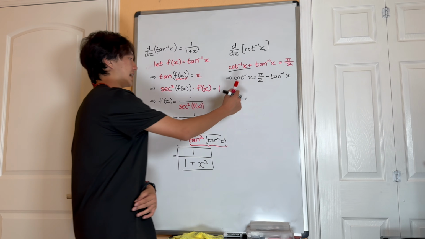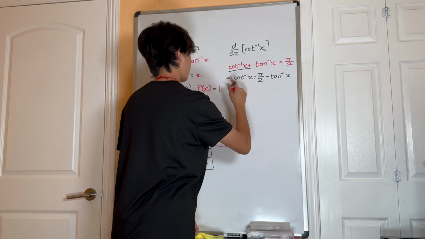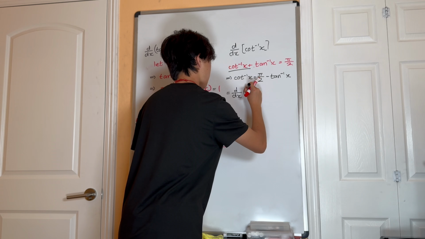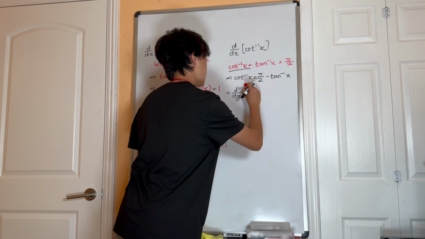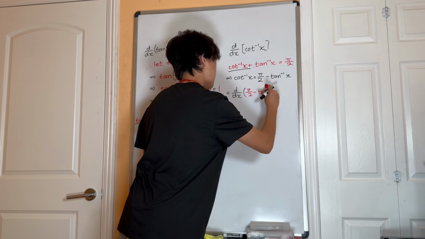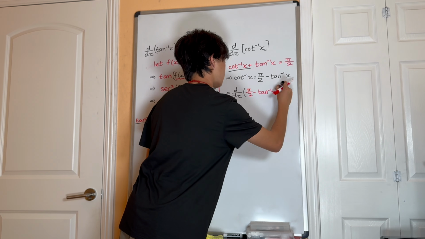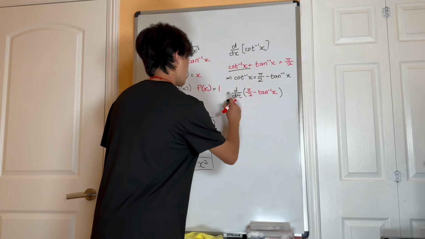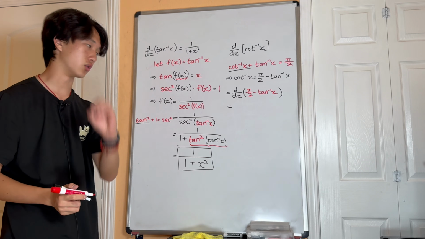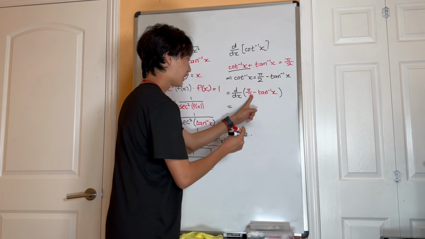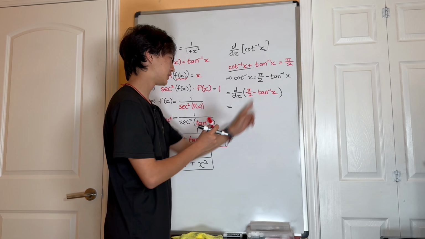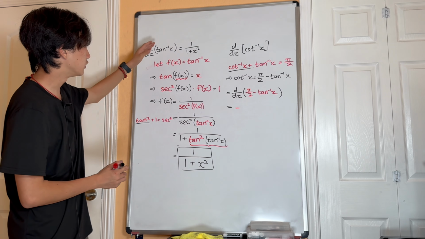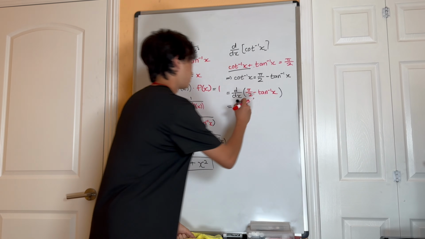We have the derivative operator on the outside, and on the inside, instead of inverse cotangent, we replace it with pi over 2 minus inverse tangent of x. Nice. The derivative of the first term, pi over 2, is just 0, because pi over 2 is constant. So all we have left is this negative inverse tangent. I'm going to put the negative on the outside, and then take the derivative of this inverse tangent, which we already knew is 1 over 1 plus x squared.